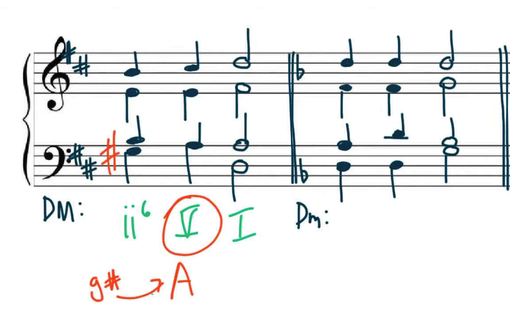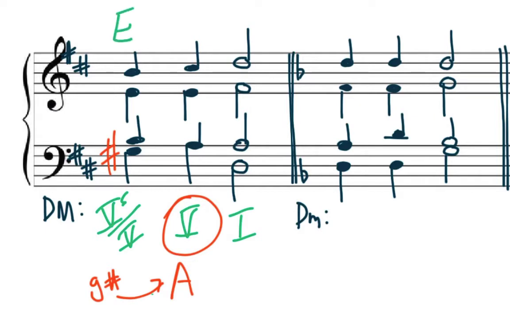So I can no longer call that first chord a supertonic. Its function is really a dominant in first inversion of the dominant. A is the dominant of A.